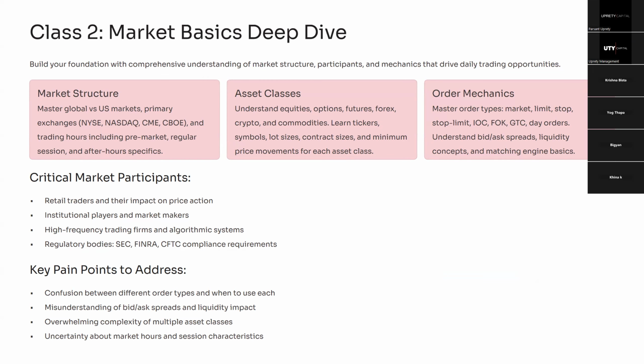Now let's talk about the asset classes. This is where we talk about multiple different types of trading. There are equities, which are stocks. The main types of trading that we do were stocks and options. Any company you see, Apple, Amazon, those are called equities.